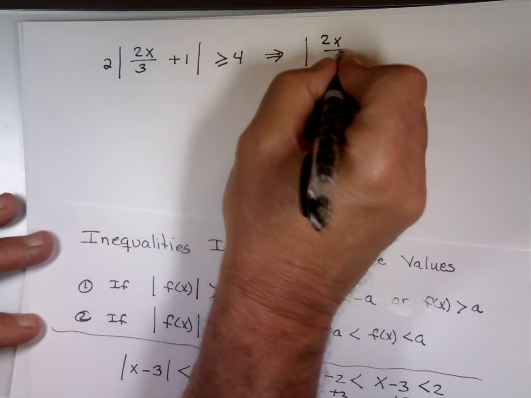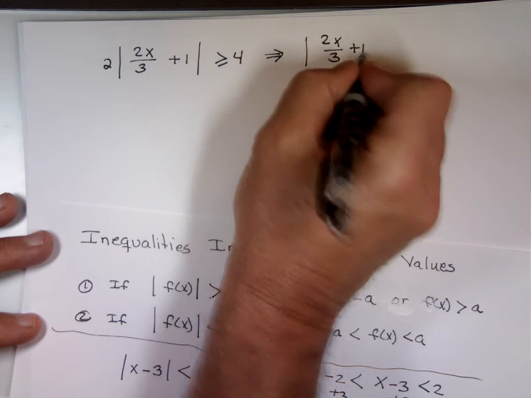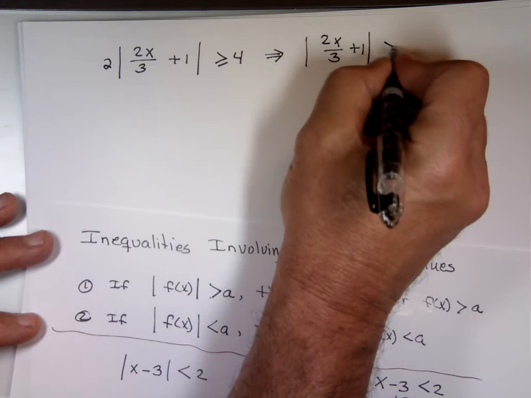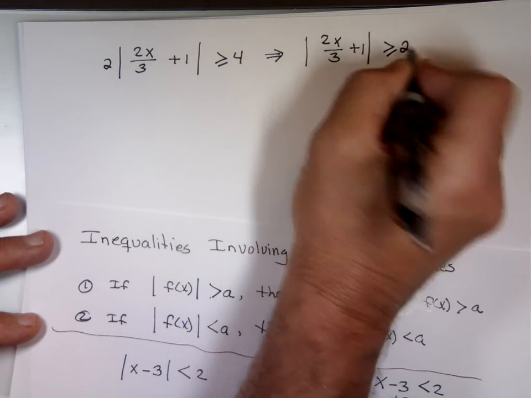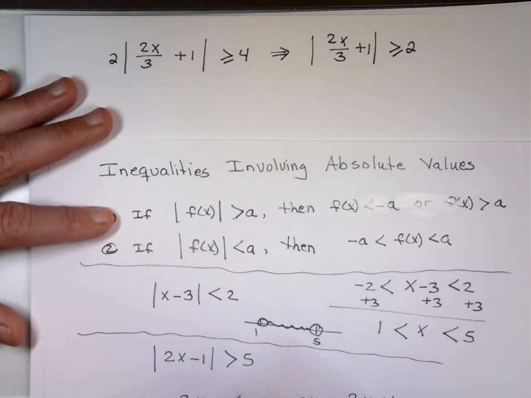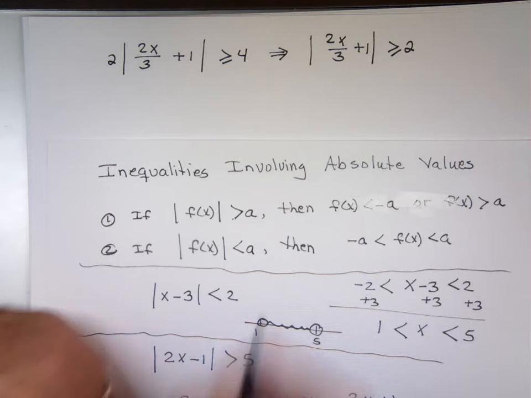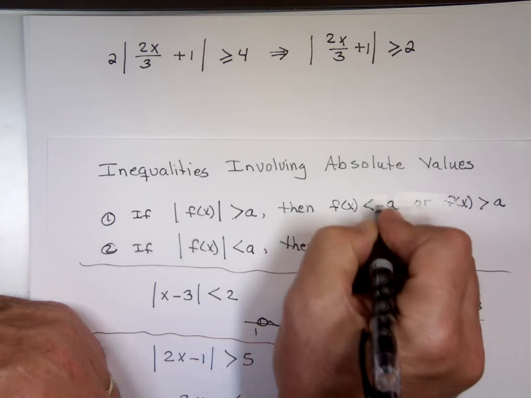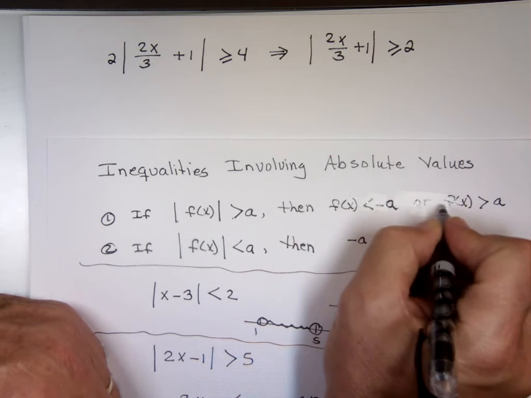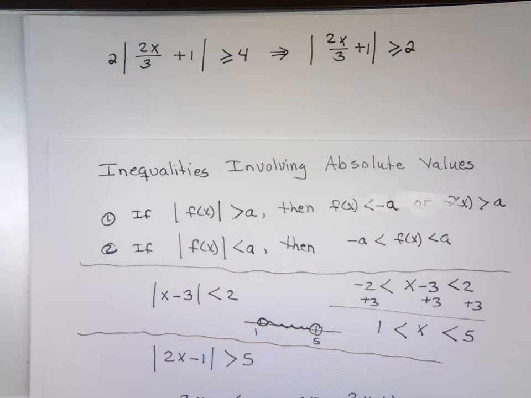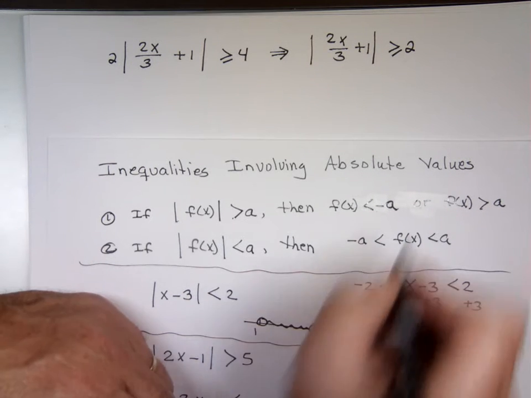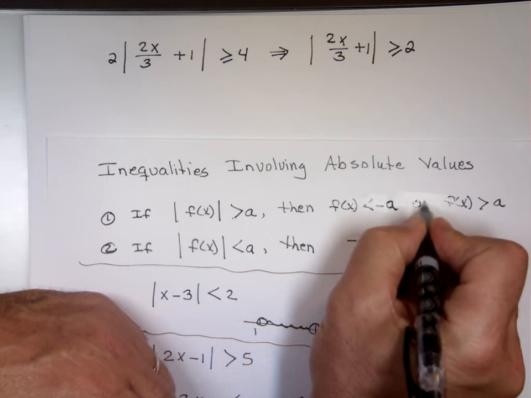2x over 3 plus 1, the absolute value of that, greater than or equal to what? To 2. Does that look like this format now? Choice 1? Doesn't it? So I should be able to break it down to 2 problems.